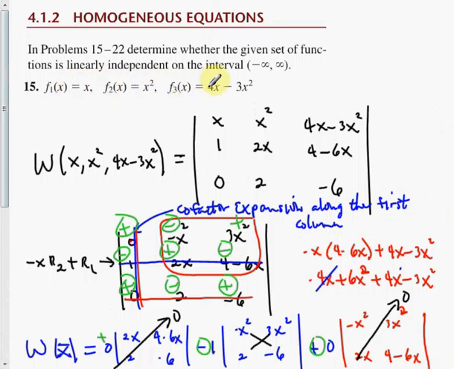This x is similar to this 4x, but I need a 4 in front. Matter of fact, a negative 4 to get negative 4x plus 4x to give me 0, right? And then for f sub 2, to cancel out this negative 3x squared, if I put a positive 3 in front of that x squared, then I get 3x squared minus 3x squared gives me 0, right?